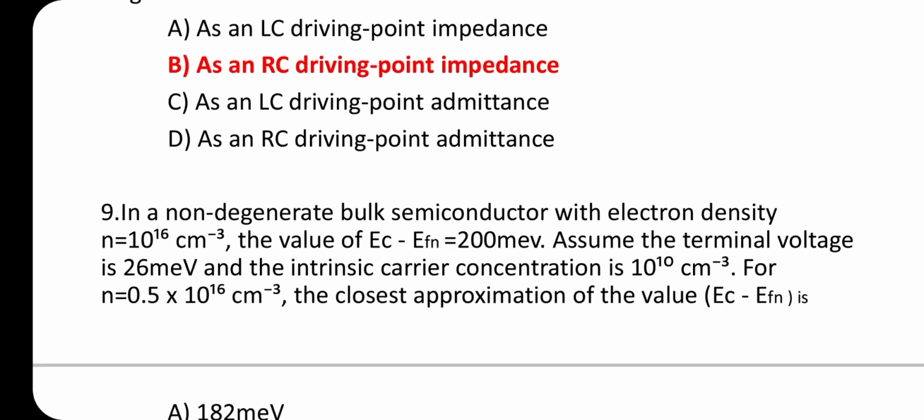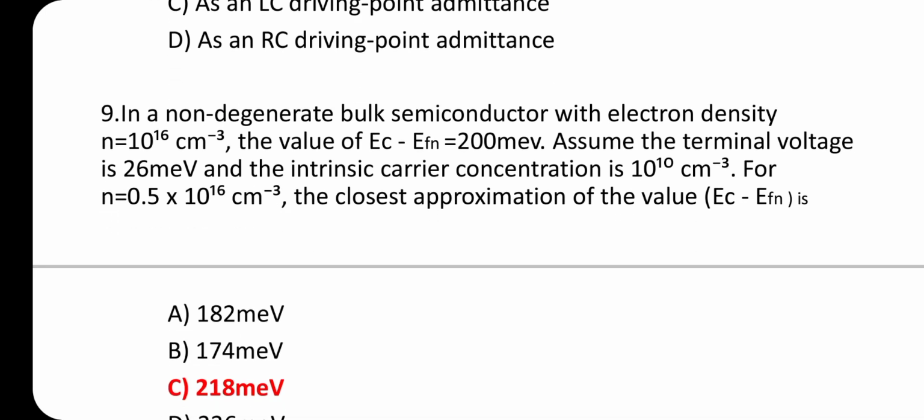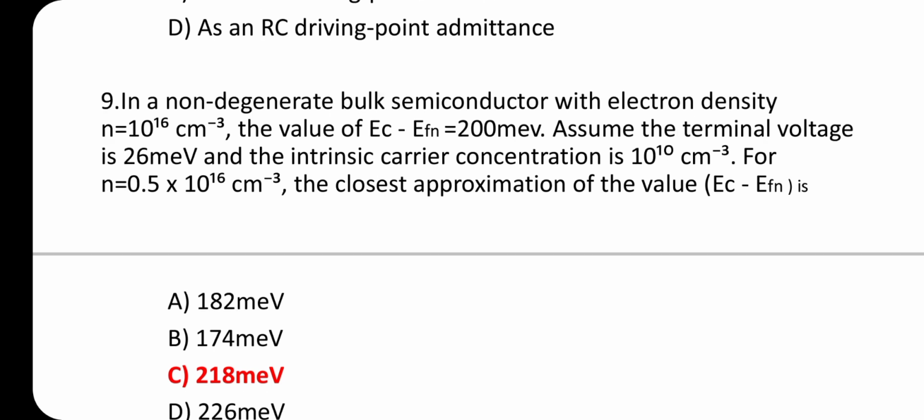In a non-degenerate bulk semiconductor with electron density n equal to 10^16 per cm³, the value of EC minus EFN equal to 200 milli electron volt. Assume the thermal voltage is 26 milli electron volt and the intrinsic carrier concentration is 10^10 per cm³.